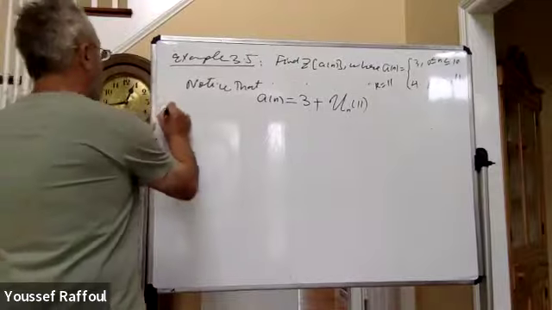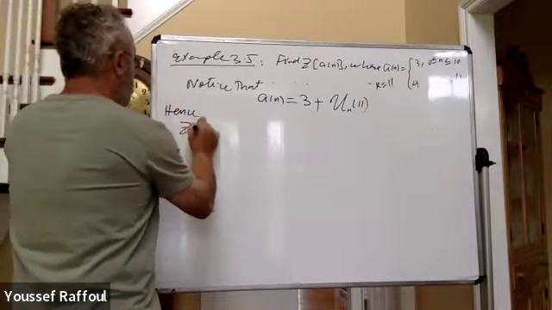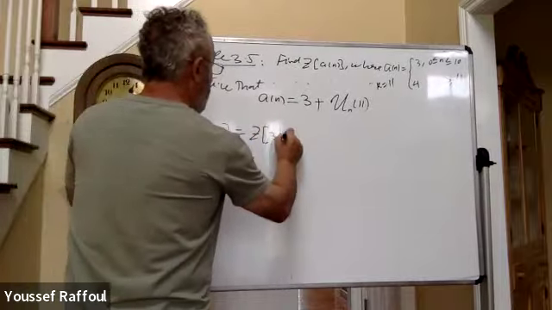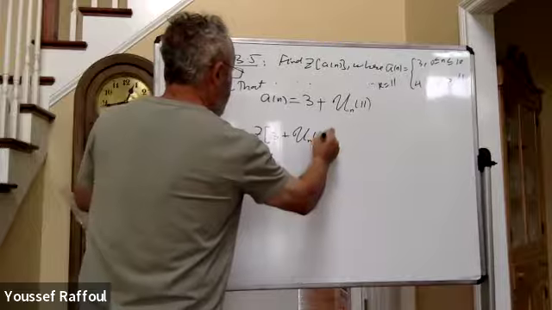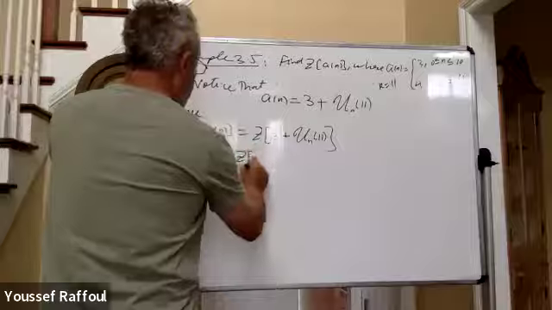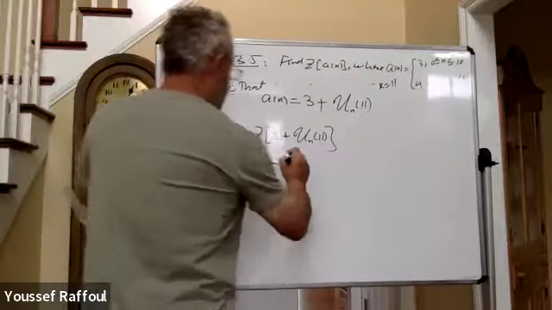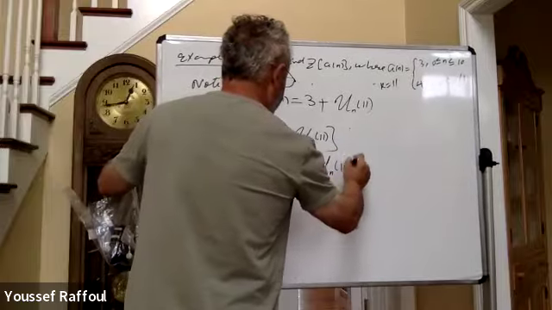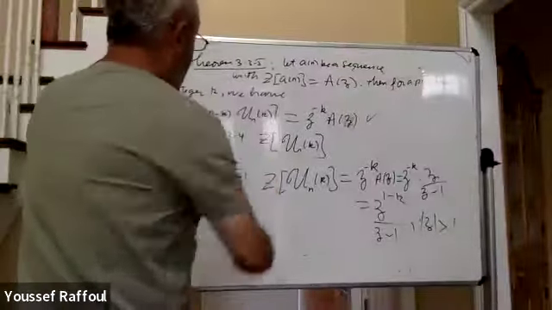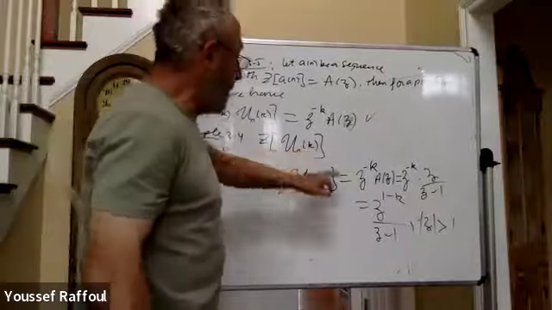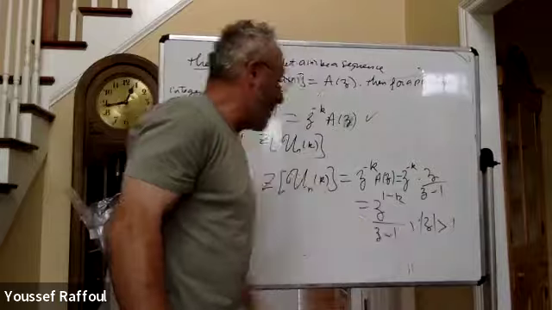Hence, Z of an is Z of 3 plus un at 11, and that is 3 Z of 1 plus Z of un at 11. Remember what is un of k? Look at that. Un of k is Z to power 1 minus k over Z minus 1.